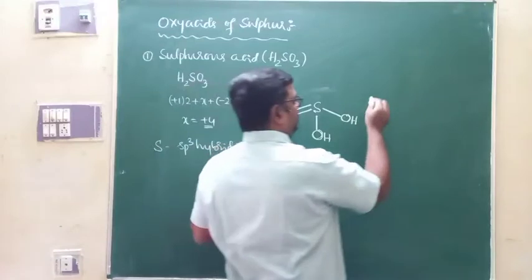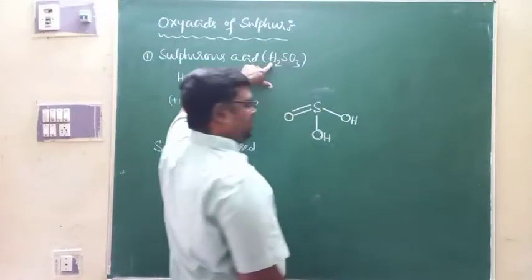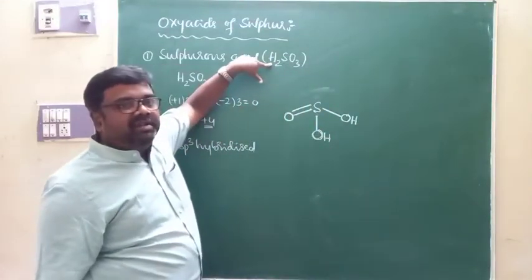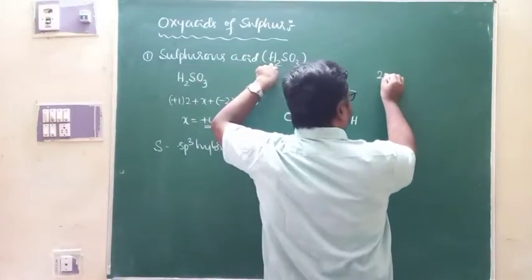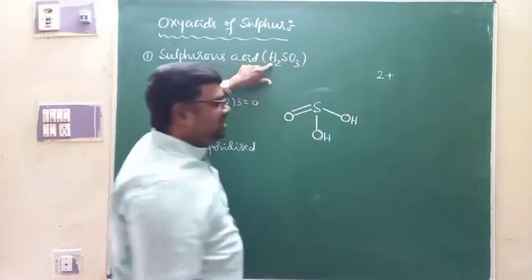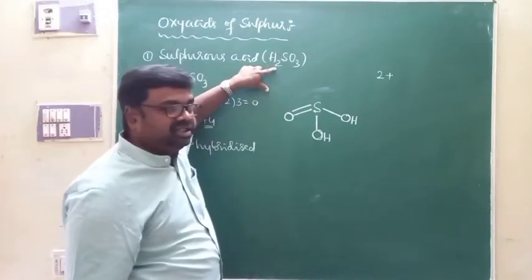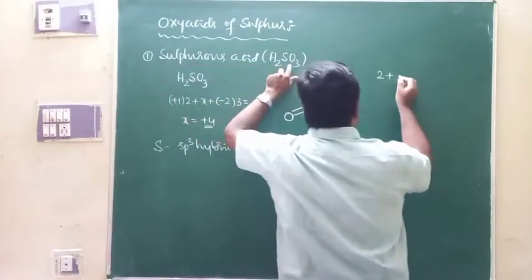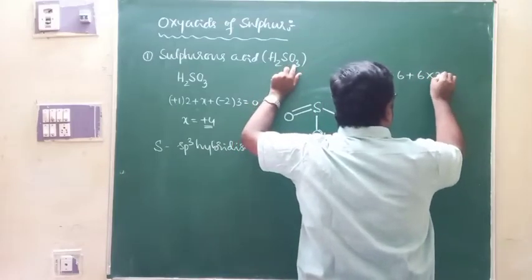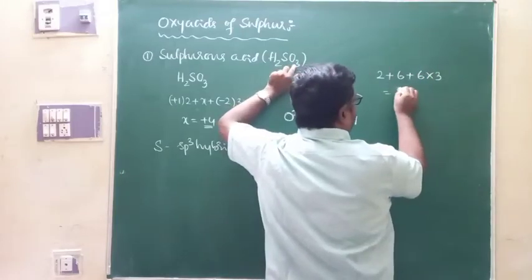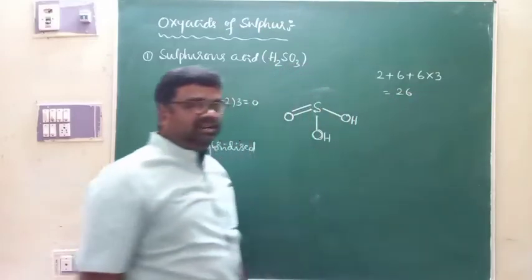And apart from that, as far as H2SO3 is concerned, if you ask how many valence electrons are there in H2SO3, hydrogen gives 2 valence electrons. One hydrogen gives 1 electron, so 2 hydrogens will give 2 electrons. Sulfur gives 6 electrons. Oxygen gives 6 electrons, and we have 3 oxygen atoms. Totally 26 valence electrons are there.